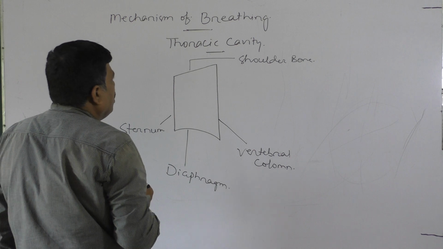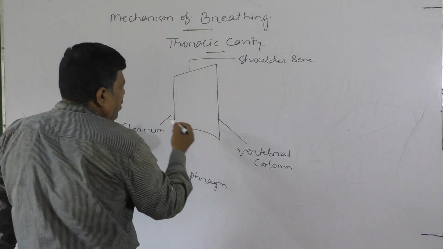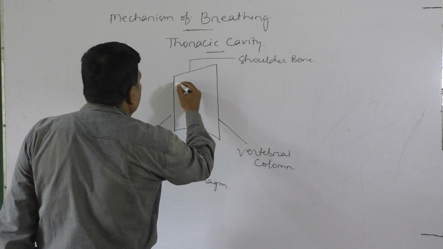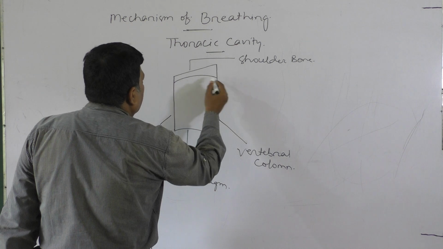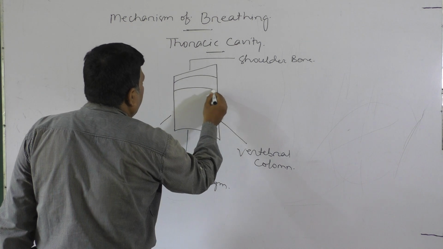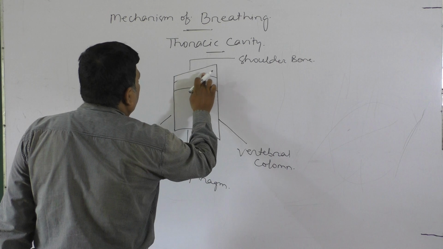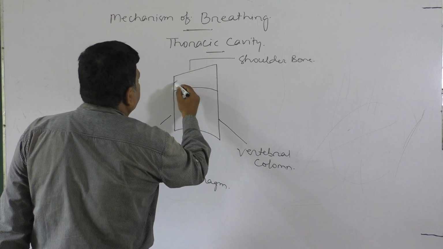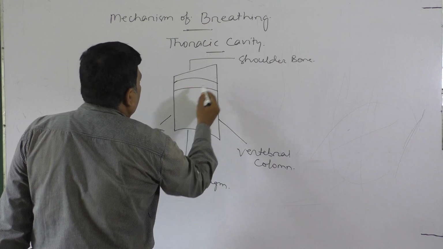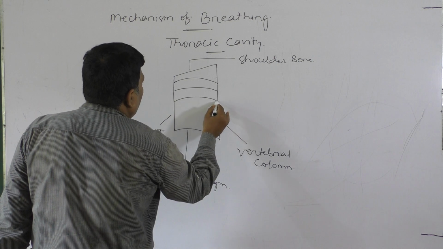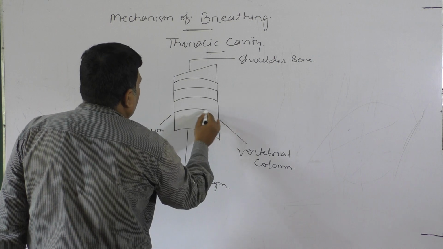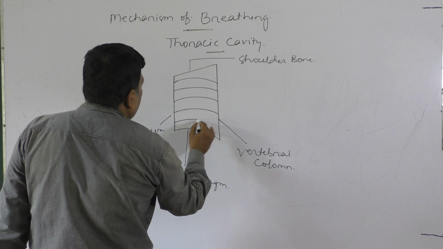And to the sternum and vertebral column there is presence of 12 pairs of ribs.